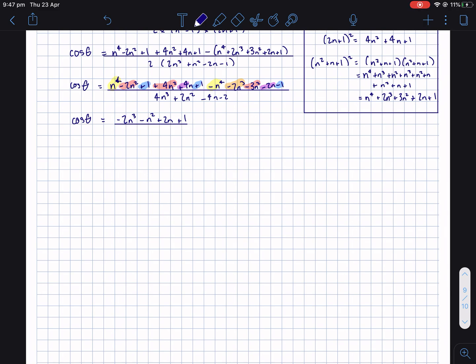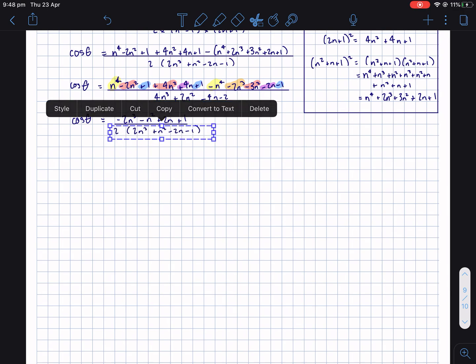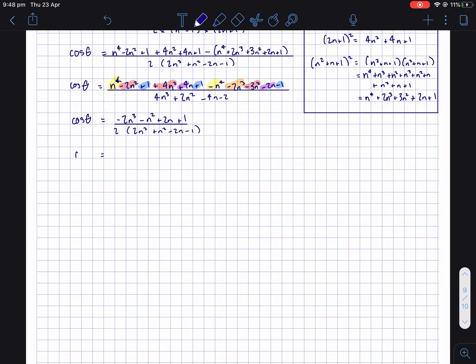Ooh. Has anyone else noticed something? If I leave this as this, you're going to see where we can start simplifying very soon, because it's just a matter of taking the negatives out of the top line.